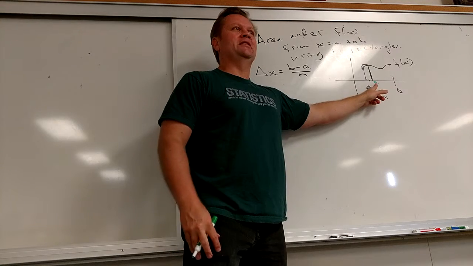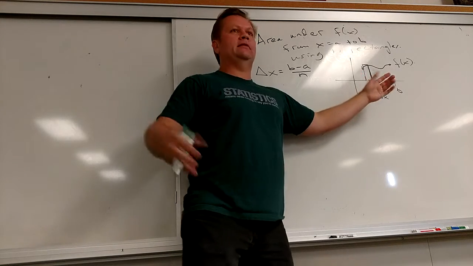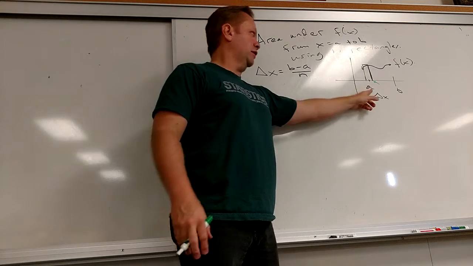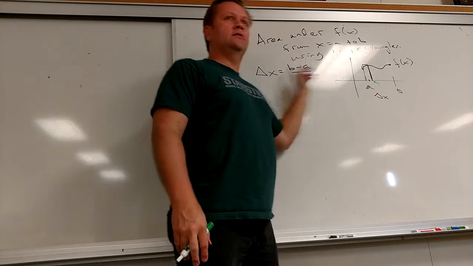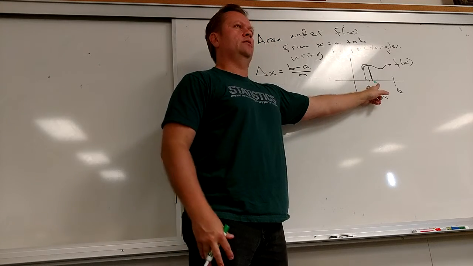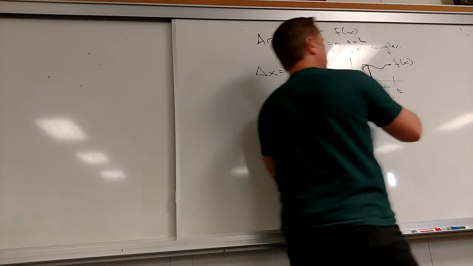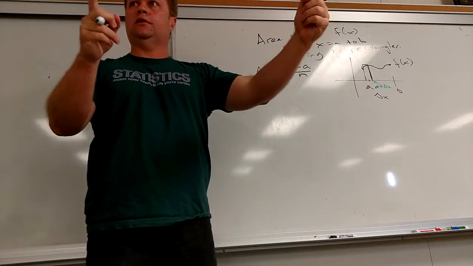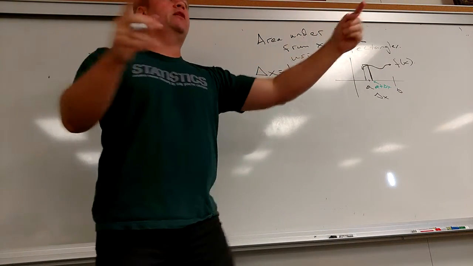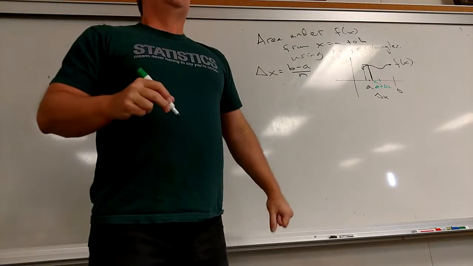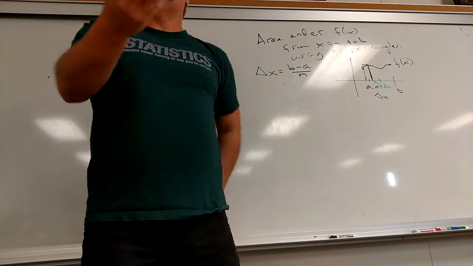Specifically. Oh, yeah, I got this. x1? No. What is it, based on stuff we know? This rectangle starts at A. How wide is it? Delta x. So where's that? A plus delta x there. It's delta x away from where it starts. I like it. What would the next one be for the next rectangle? A plus 2 delta x.